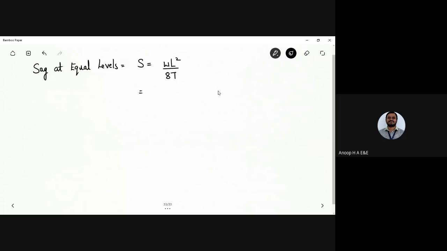We know W is 0.816 and L is 300, so S is 0.816 into 300 squared divided by 8 into 1500. Can anyone tell me what the sag is now? Later, how do you find the clearance?